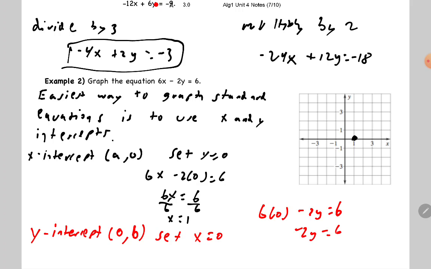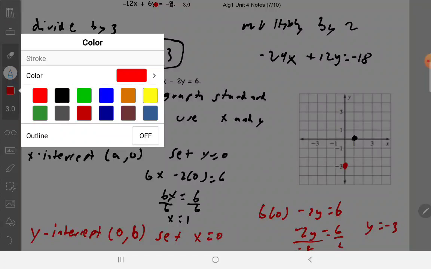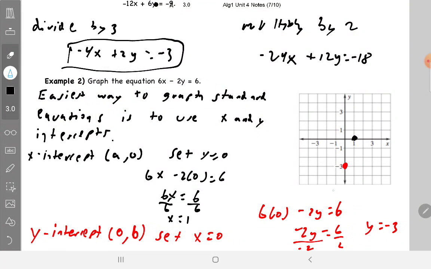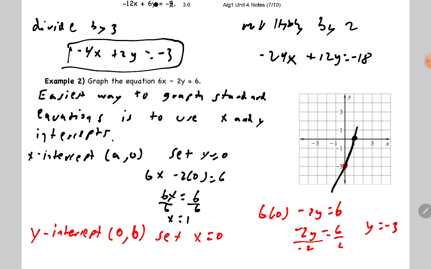So negative 2y equals 6, divide by negative 2 to get y equals negative 3. Okay, so 0, comma, negative 3. And then connect our dots. Don't forget arrowheads, and we're done.